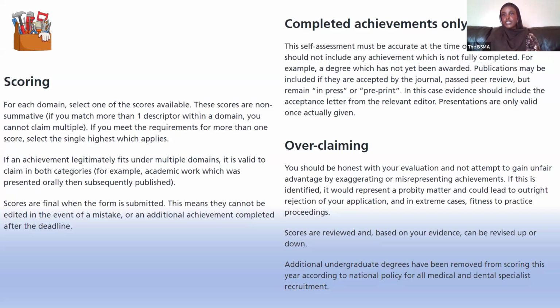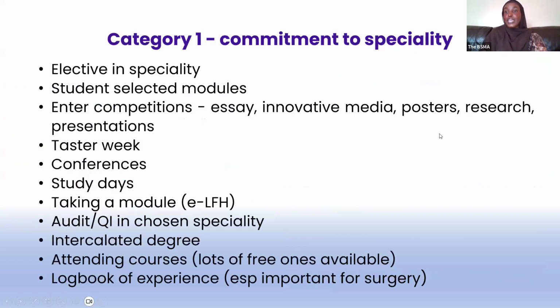You cannot claim points for that. So that's why I always say plan ahead and try to get as many points earlier on and secured. And also, they always say don't overclaim, otherwise the GMC is going to get involved for lying.